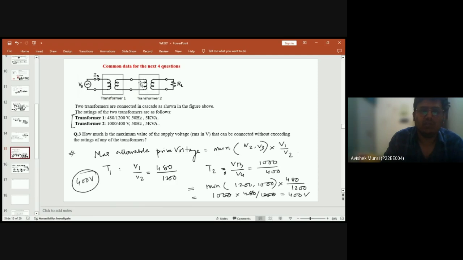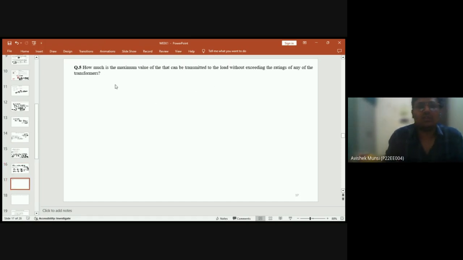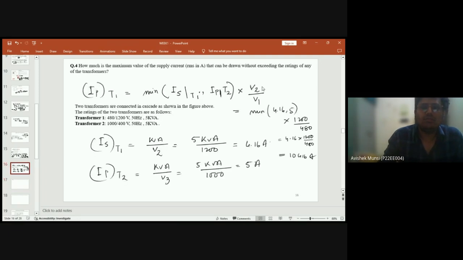I calculated these two currents, and in case of the current, if you are referring it from one side to the other, it will be multiplied by 1 by the turns ratio, that is minimum current into V2 by V1. We calculated these two currents and multiplied with 1 by the turns ratio. This is basically nothing but 1 by A.